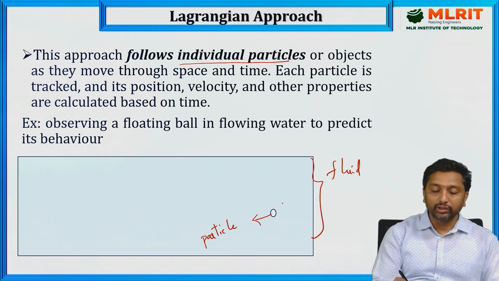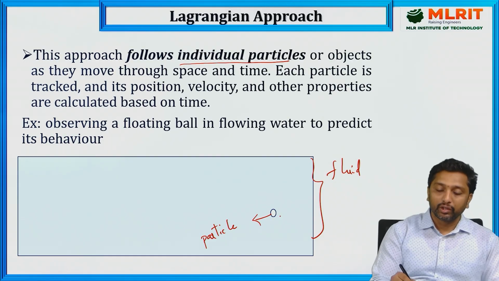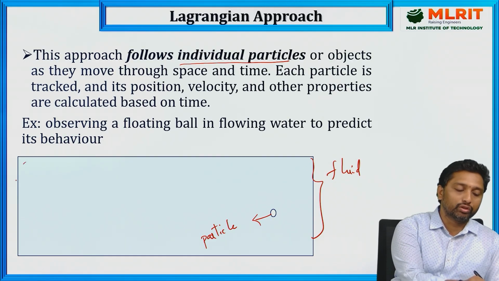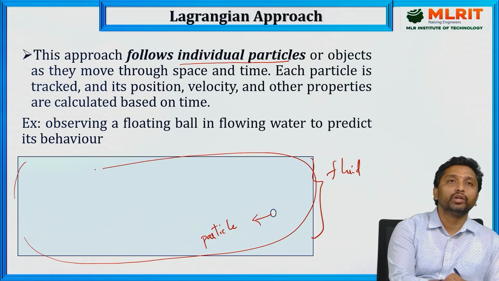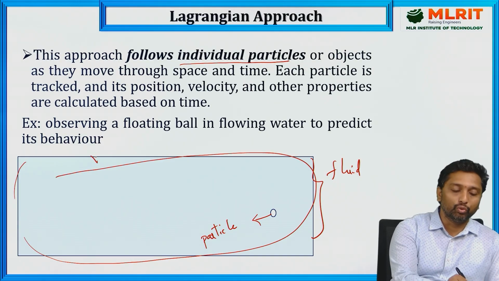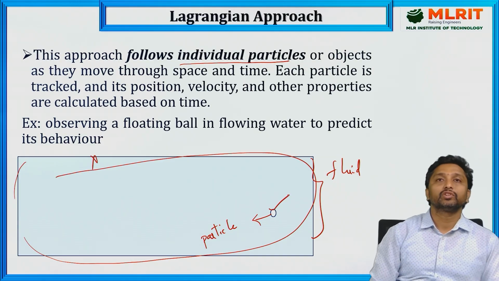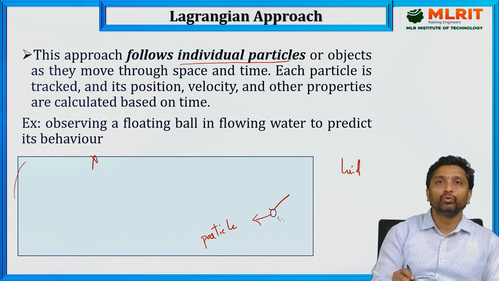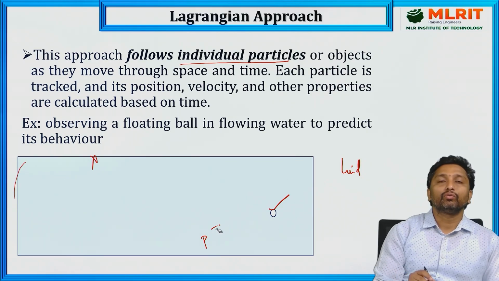So Lagrangian approach will not consider the whole region of the fluid, rather it considers only one single particle, and based upon the behavior of this particle, the fluid behavior will be predicted.